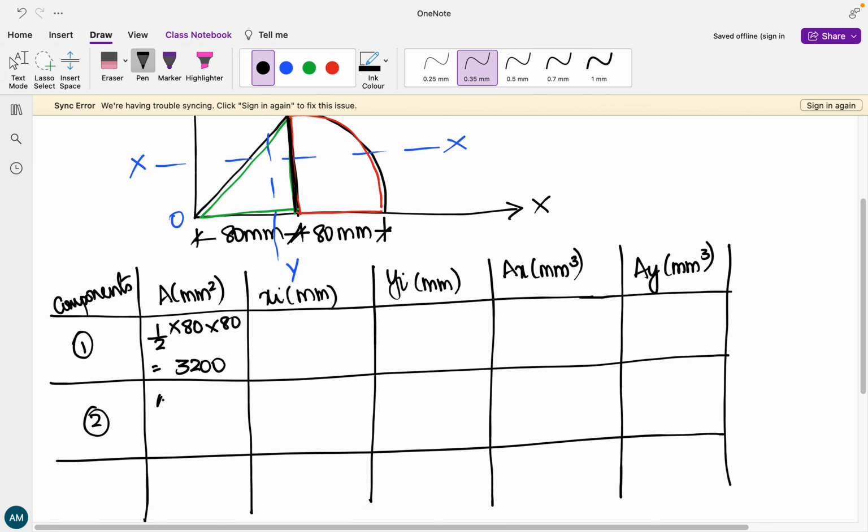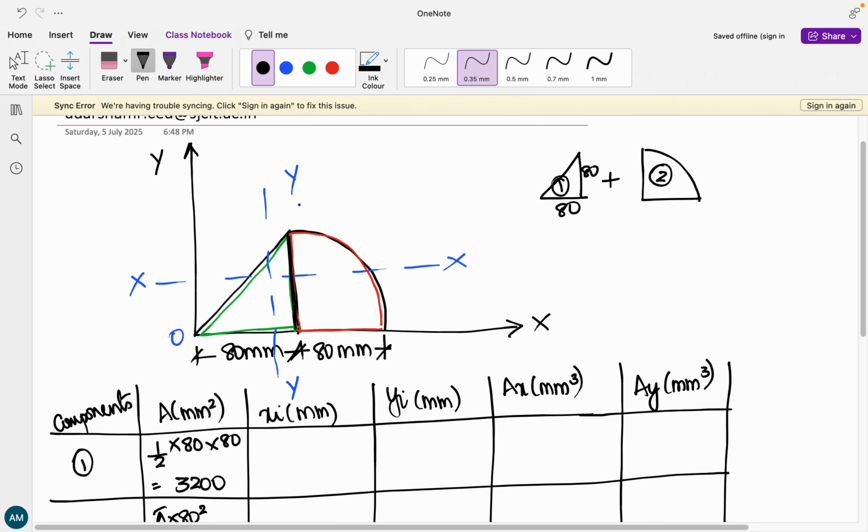The area of a quarter of a circle is pi r square divided by 4, pi into 80 square divided by 4, so that is 5026.548.